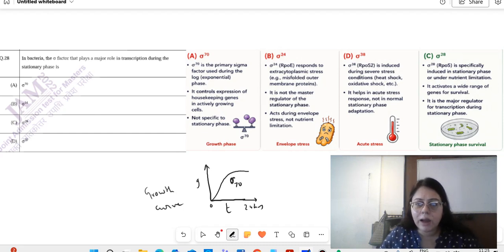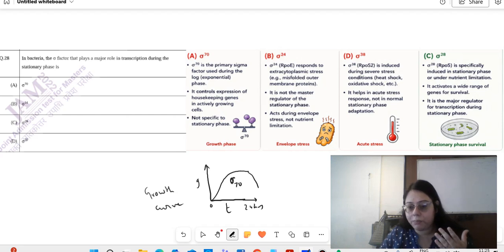and there is sigma 24, which responds to stress and is not the stationary phase. Under stressed conditions they are not in the growing phase. After the stationary phase, if there is deprivation or lack of nutrients, the curve will go down.